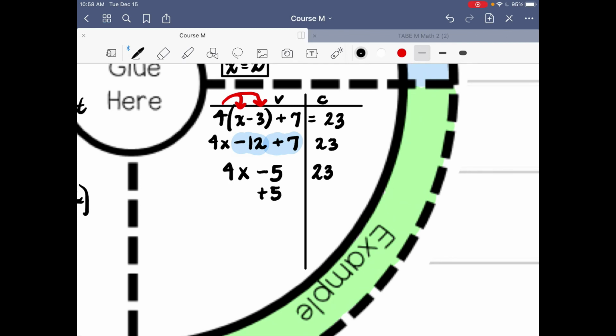Then I'll move the 5. Cancel and copy. Divide by the coefficient 4 to get x equals 7.